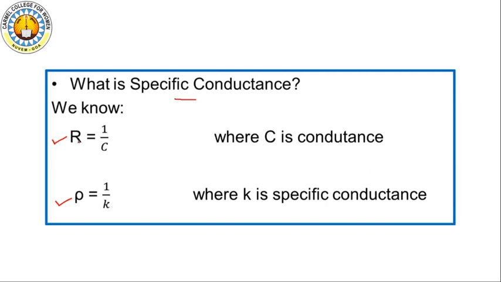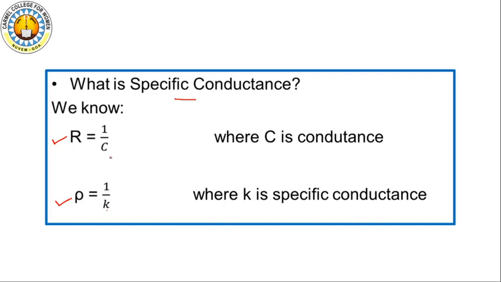If resistance is inversely proportional to conductance, then specific resistance is inversely proportional to specific conductance. This is specific resistance, this is specific conductance.